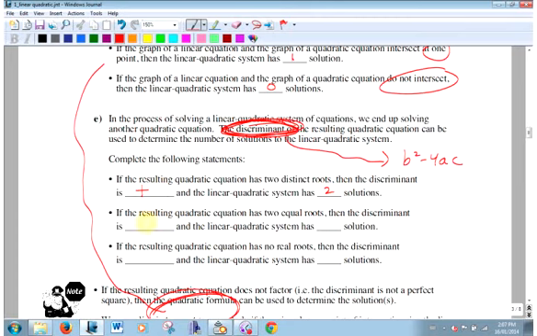If this thing is 0, then we have 1 solution, i.e. a double root. If it's negative, then we have no solutions, because you can't take the square root of a negative, at least not yet. You guys will learn how to do that later.